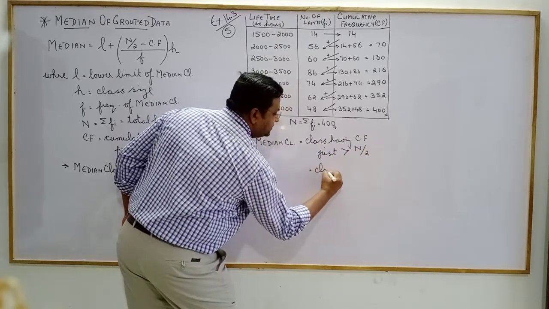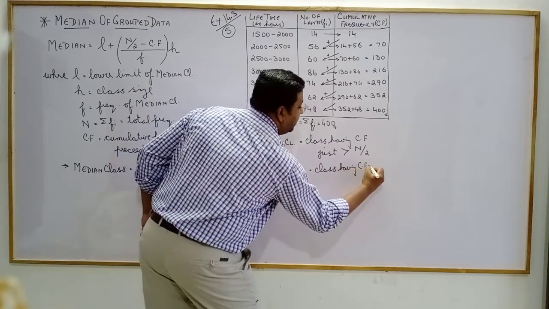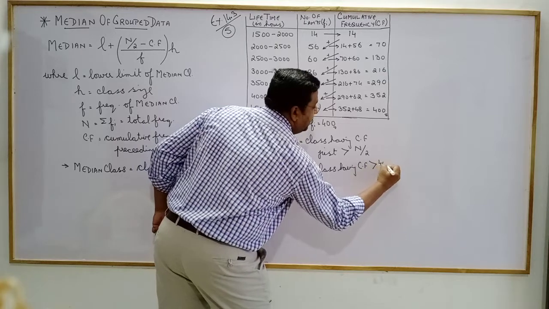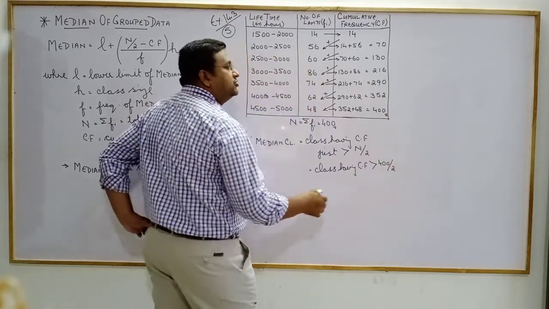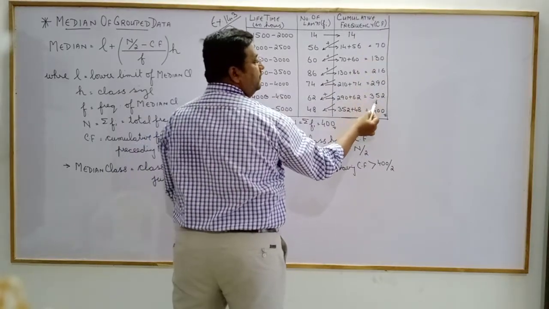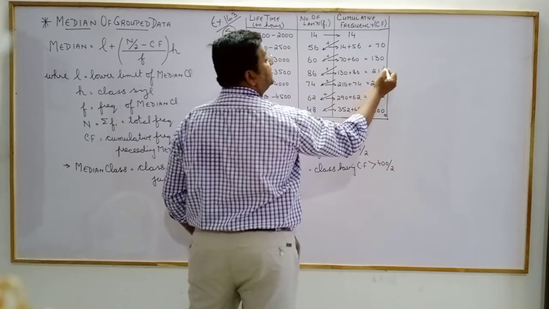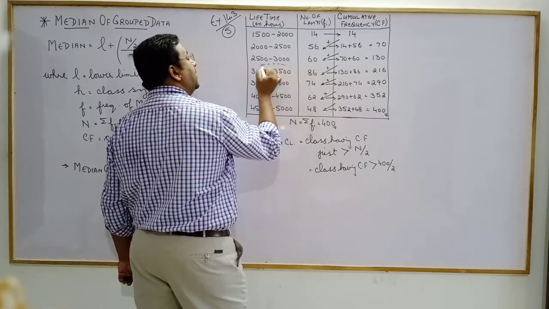So class having CF just greater than 400 by 2. 400 by 2 is what? 200. So just greater than 200 is what? 290 is greater, 352 is greater, 400, but 216 is the just greater. So this is our median class.